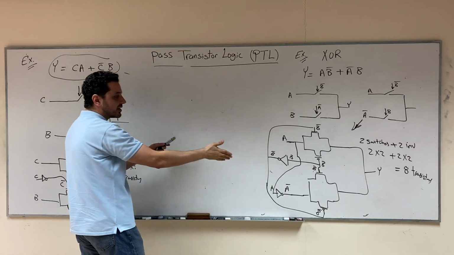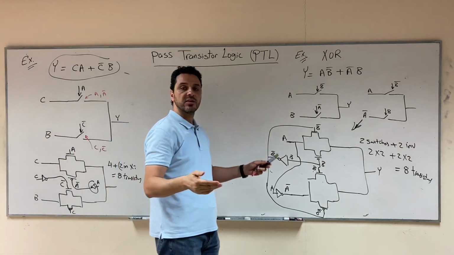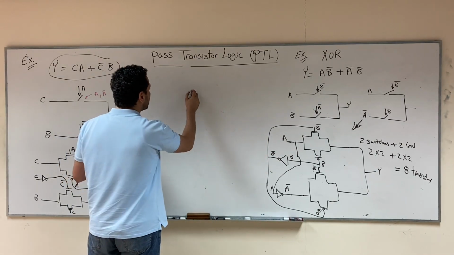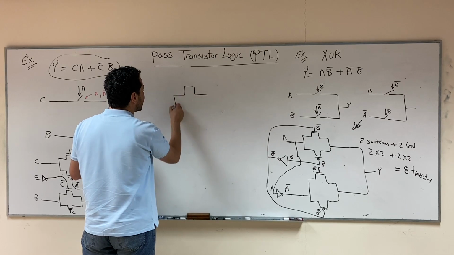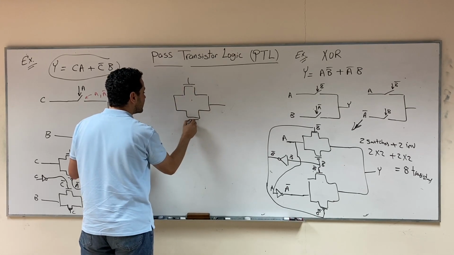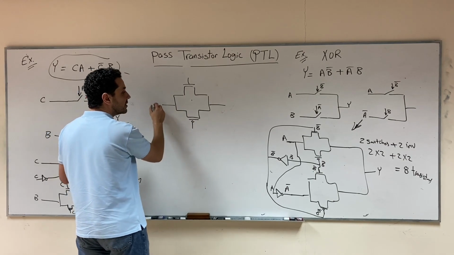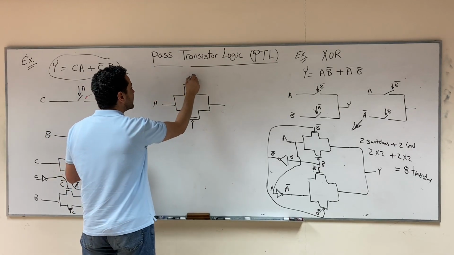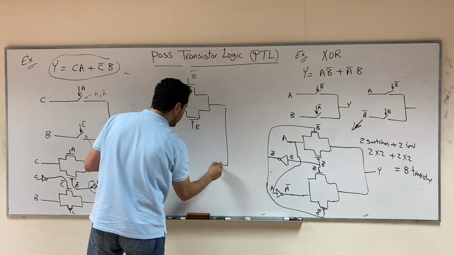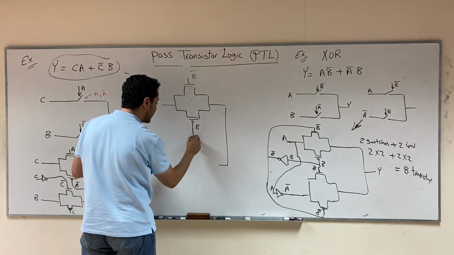So for example, this circuit, if you are plotting it in your homework or exam or quiz, what you need to do is you will plot the transmission gates, n-mos, p-mos. You say this is A, this is B bar, this is B, and then you plot the other one.